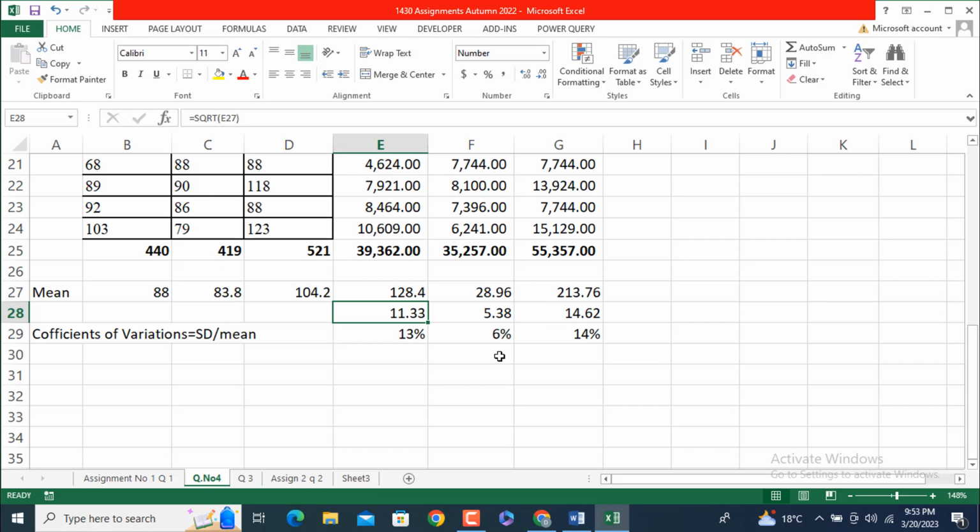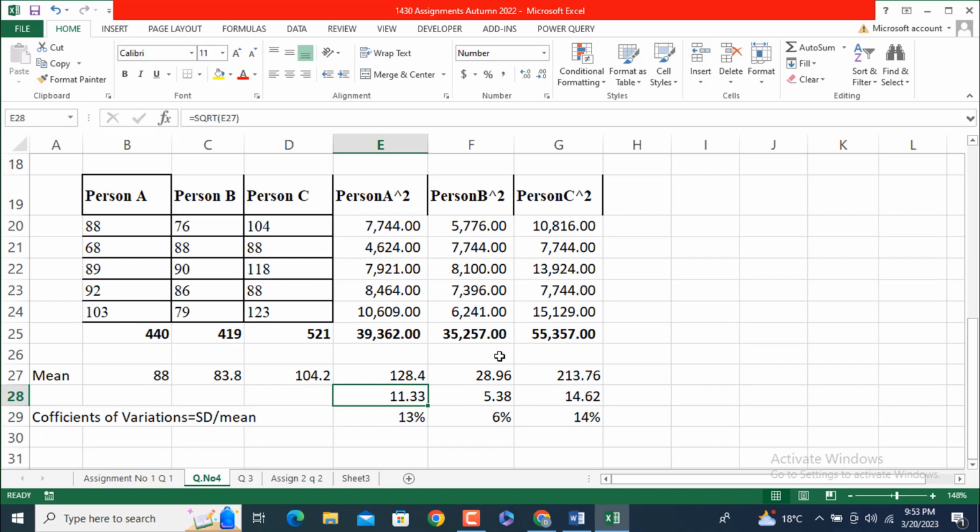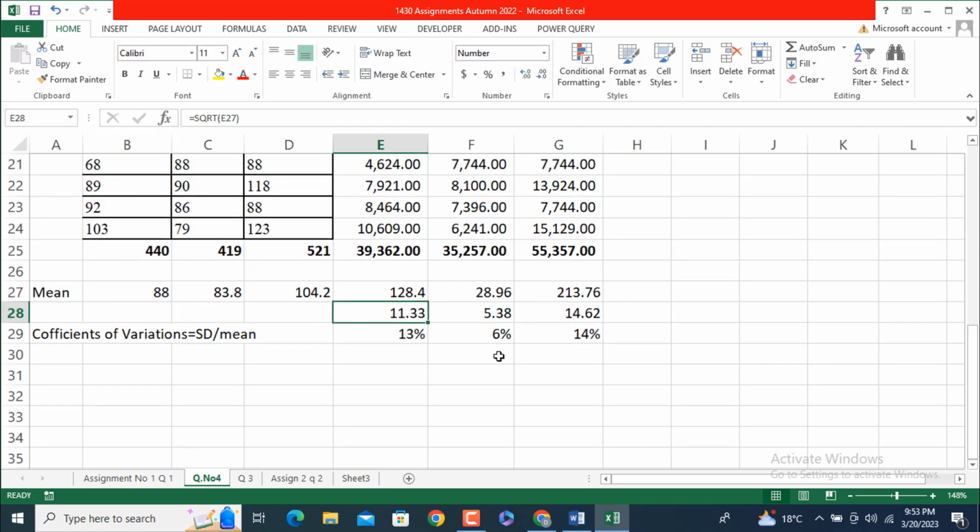We come to the conclusion that salesperson B shows more consistency in his sales performance. Lastly, I recommend that you focus on this unit of measurement, the coefficient of variation. It is measured in percent, so the issue of unit of measurement is not there.